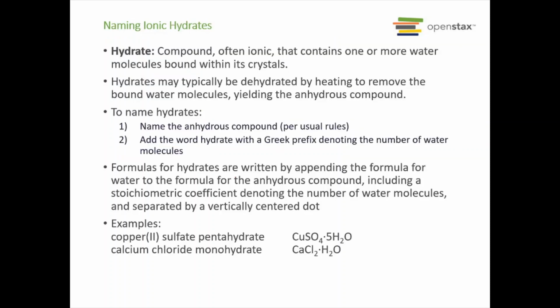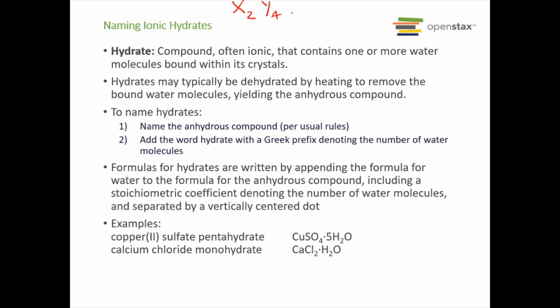Another thing we want to look at is specifically when we name ionic hydrates. What an ionic hydrate is, essentially, is an ionic compound. So I'll go ahead and put a random XY combo here. This could be any combination of metal to nonmetal. But what happens is you can have a crystal form in which water molecules are bound to it.